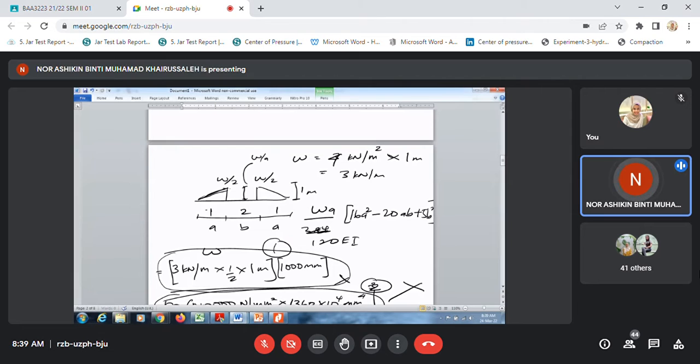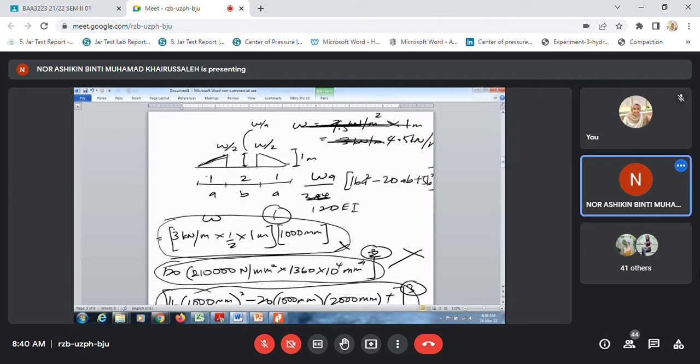So this is going to be 4.5 kilonewton per meter. 4.5 kilonewton. This is 1.5.